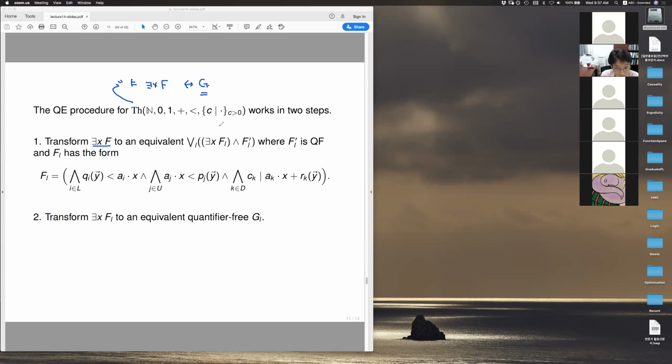This quantifier elimination procedure works in two steps, just like before. The first step is to massage this exists x dot f using the generic rules of first-order logic, in such a way that the existential quantification is over a very simple formula f. In a sense, we want to make this f as simple as possible.